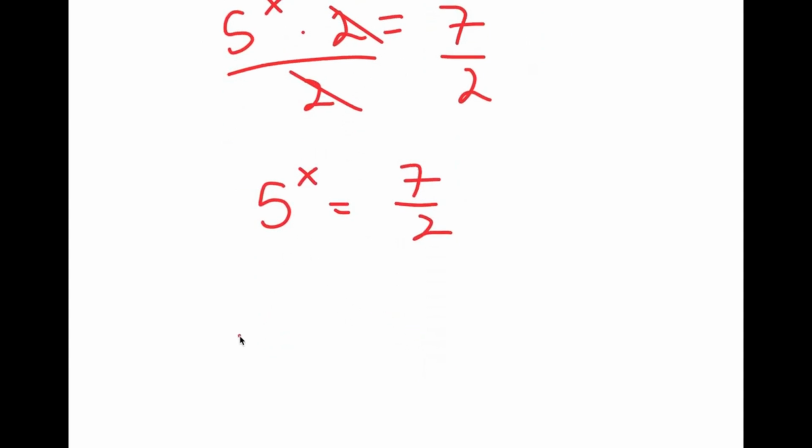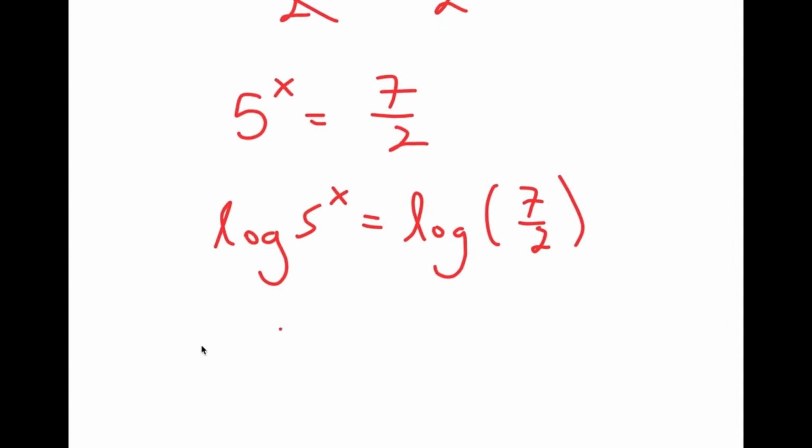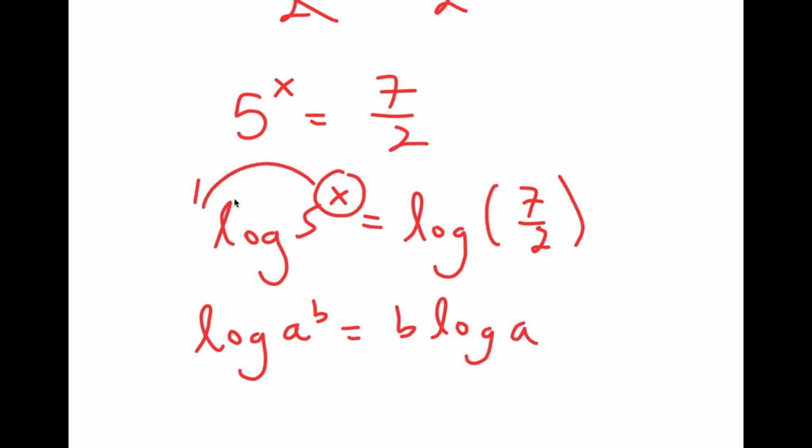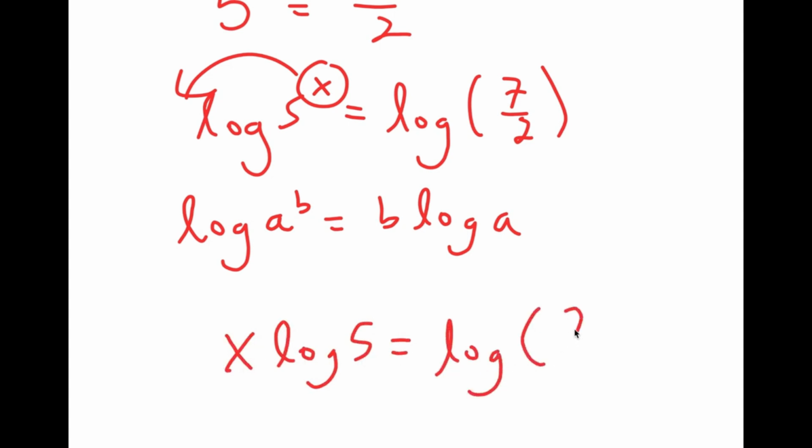Now I'm going to take the log on both sides, so I get log of 5 to the power of x is equal to log of 7 over 2. And if I have something in the form log of a to the power of b, this is equal to b times log a. So in this case, I can move x to the front. So I get x times log 5 is equal to log of 7 over 2.